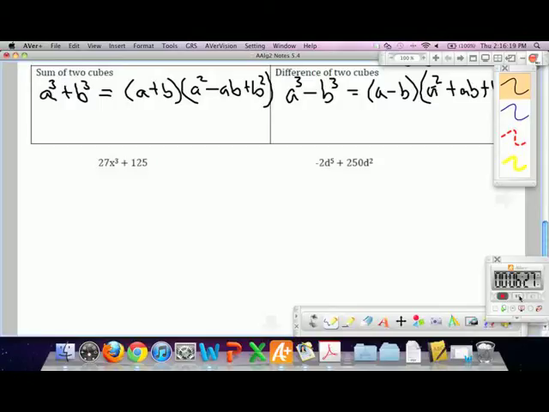So then next ask yourself, well, this is x to the third power. So is there something times itself three times that is 27? Yeah, 3. So this is the same as 3x to the third power. What cubed is 125?